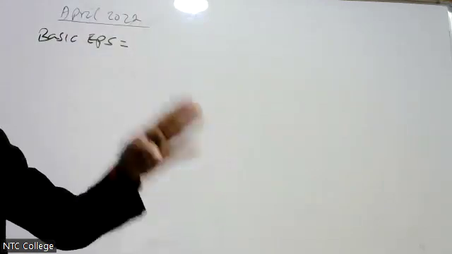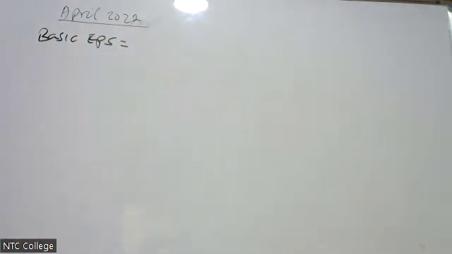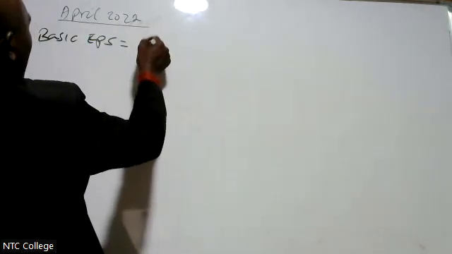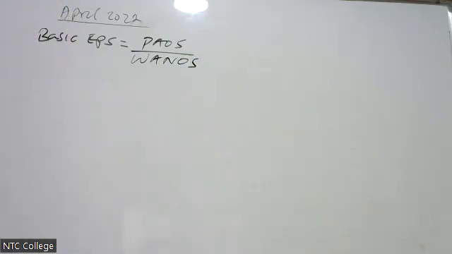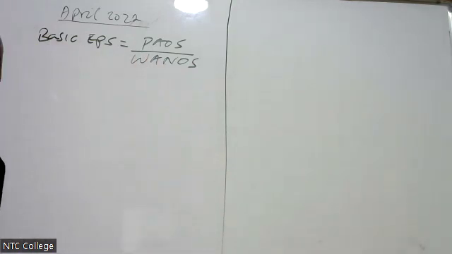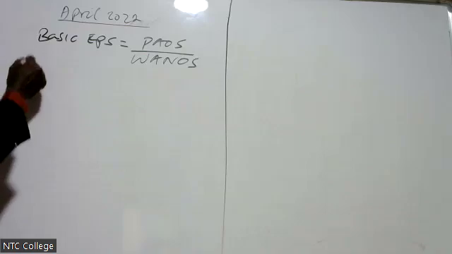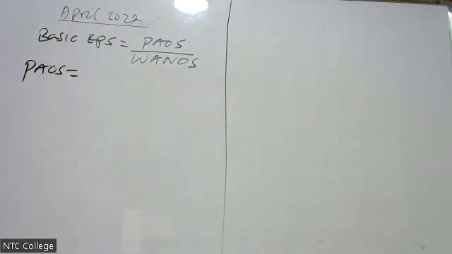Yes, I was in NTC one time, and the teacher told me that basic EPS equals earnings over number of shares. For you to get basic EPS, you need the earnings and also the number of shares. Then how do I get the earnings? What did the teacher say about the earnings?